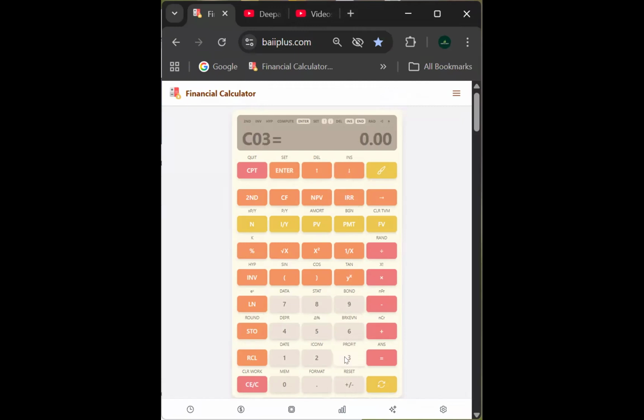Cash flow 3 is 6.91. Enter. And cash flow 4 is 8.29 plus 61.58, equal to, and enter. Now the interest rate is 18%. Compute.